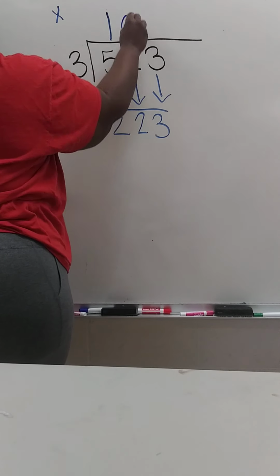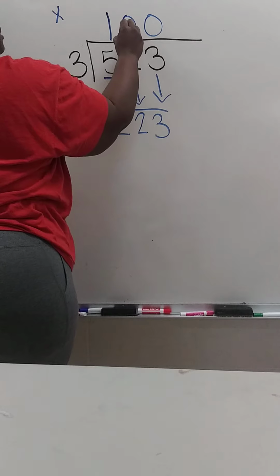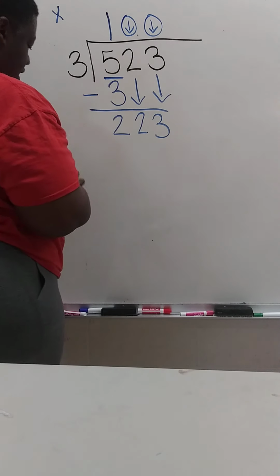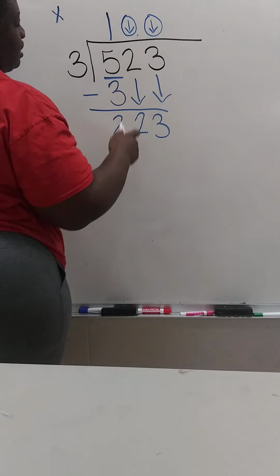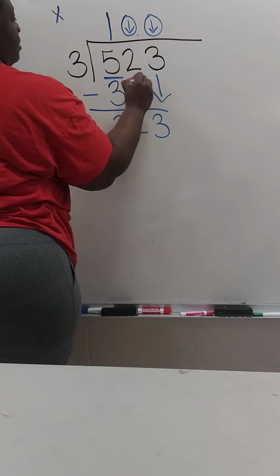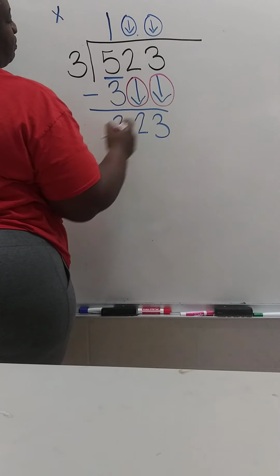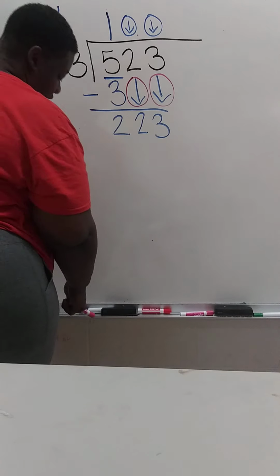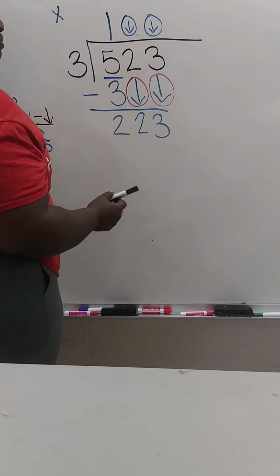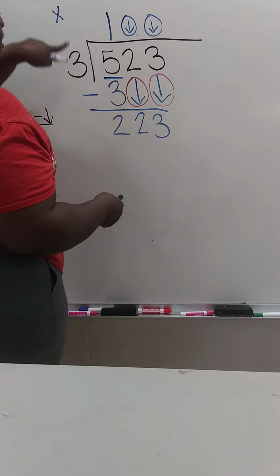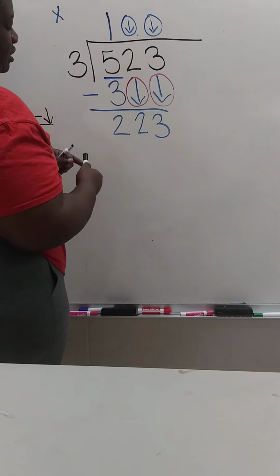So that means I need 2 zeros. And yes, you could put zeros in there if you want to, because that's 500 and this is 300. But arrows just make it easier. Right? So 100 times 3 is 300.